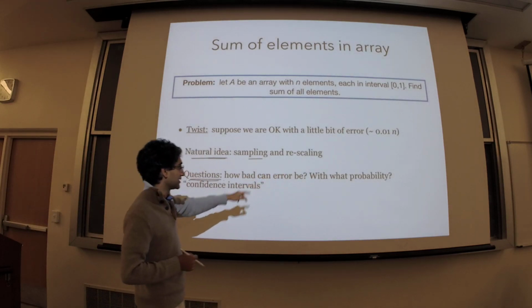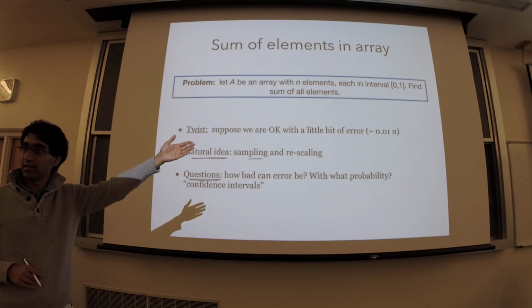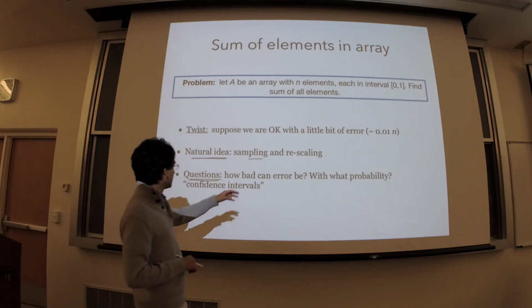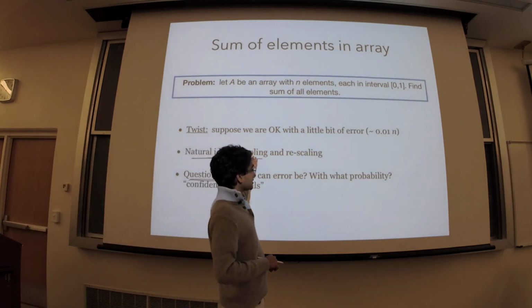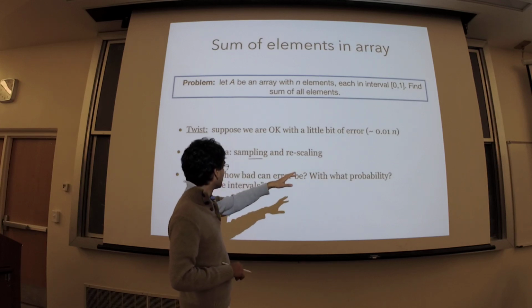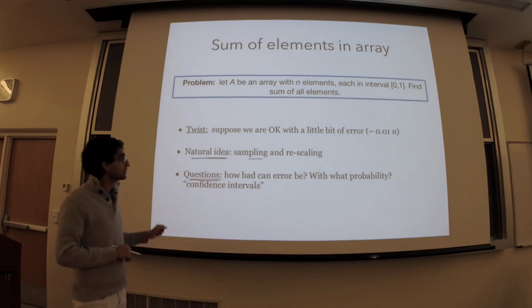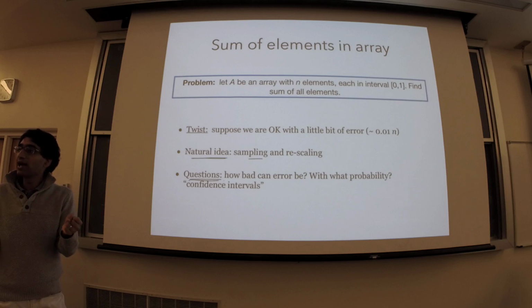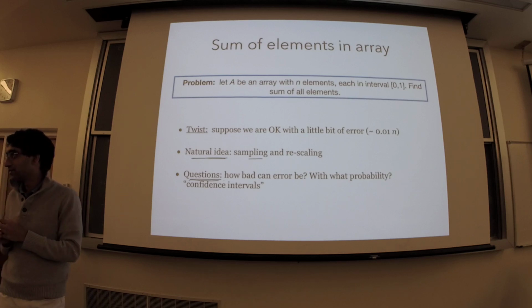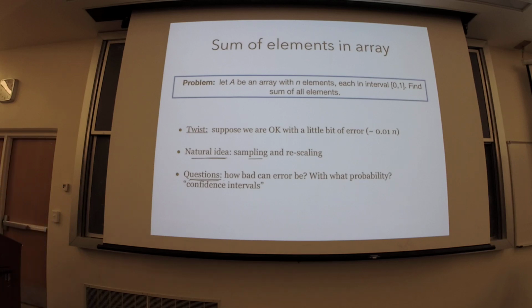Can you always bound it by 0.01n, for example? How many samples do you have to choose? And with what probability, what confidence do you have that your bound is correct? That's the kind of stuff we will see. These are also called confidence intervals, that you've seen if you've taken some statistics class. Same thing.